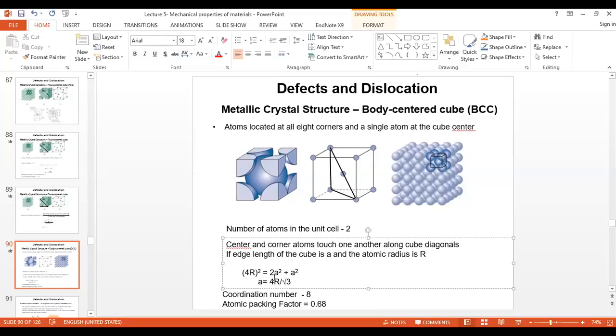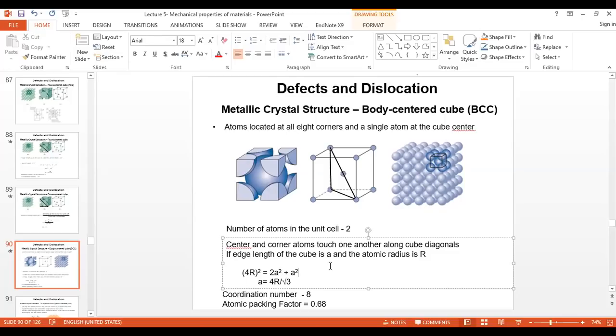Once you simplify, this side is 3a square, and the other side is 16r square. When you take the root of both sides, you get a equals 4r over root 3. That is the relationship between edge length and atomic radius for a BCC structure.